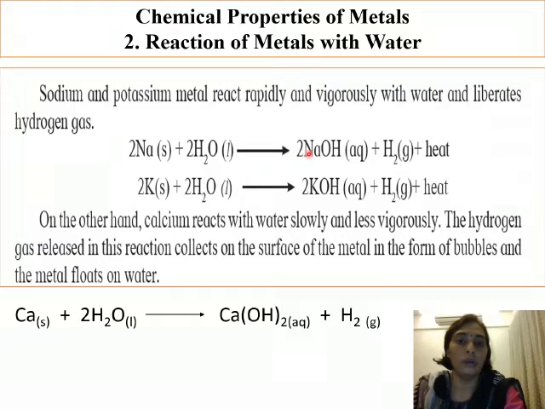So now sodium becomes 2, and here also sodium becomes 2. 2 oxygen is already balanced. Both these reactions are on the same lines of balancing, so we will not discuss the second one. Same as in the first one.